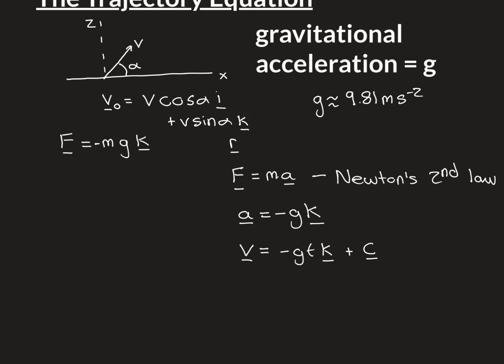So actually, this function for velocity as a function of time needs to be correct at t equal to 0, and at the moment it's not. If you put in t equal to 0 here, you get the 0 vector.